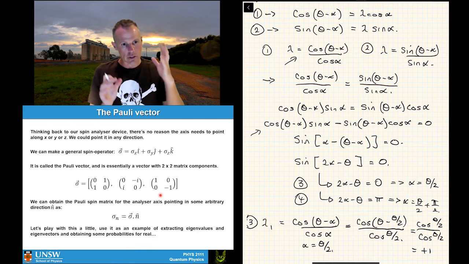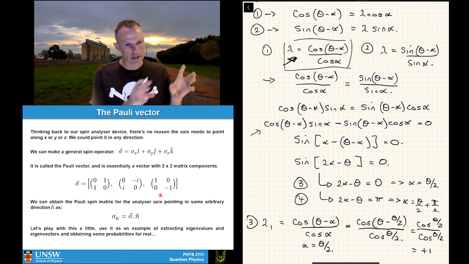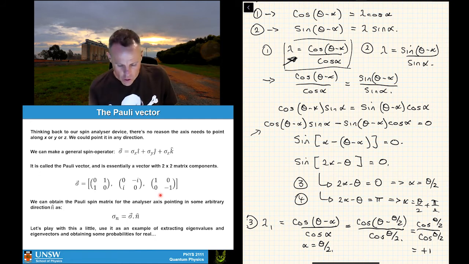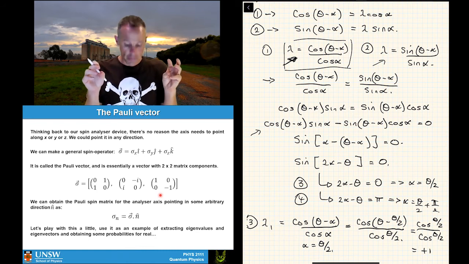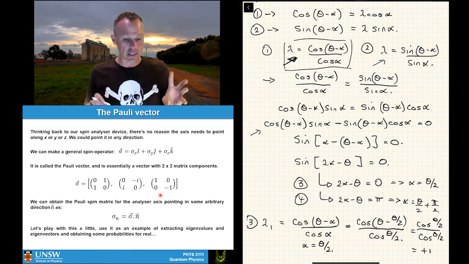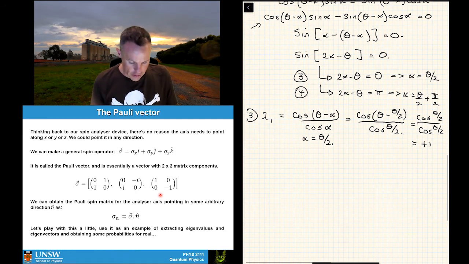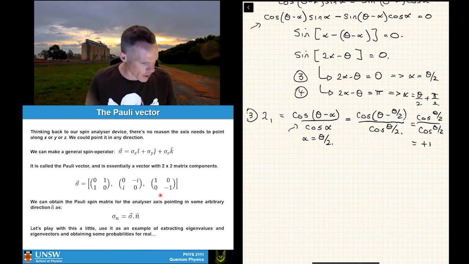What we're now doing is feeding that back into that equation that we had for our eigenvalue here. And what you'll notice is that we can write it as cos theta minus alpha on cos alpha, but we can equivalently write it as sine theta minus alpha on sine alpha. You can do the other version for yourself and you'll find that you get the same answers, right? So in here, you could stick the sine version in and you should get the same answer for both of the times we do this, okay?